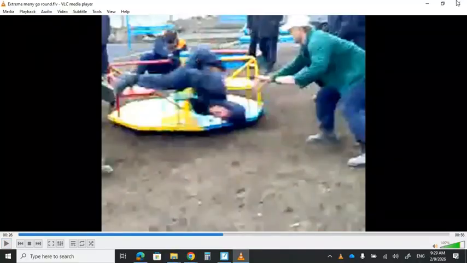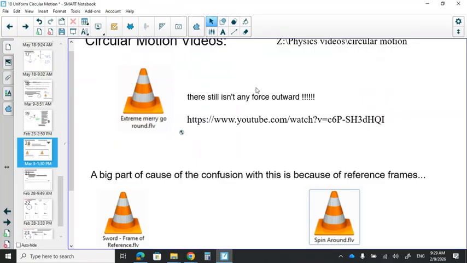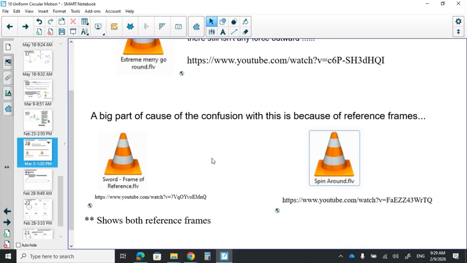Not safe. But in that scenario, there still isn't any outward force. It's just a force needed towards the center to cause that circular motion. If the person let go, they would have just flown off in a straight line with whatever velocity they had at that instant, right?